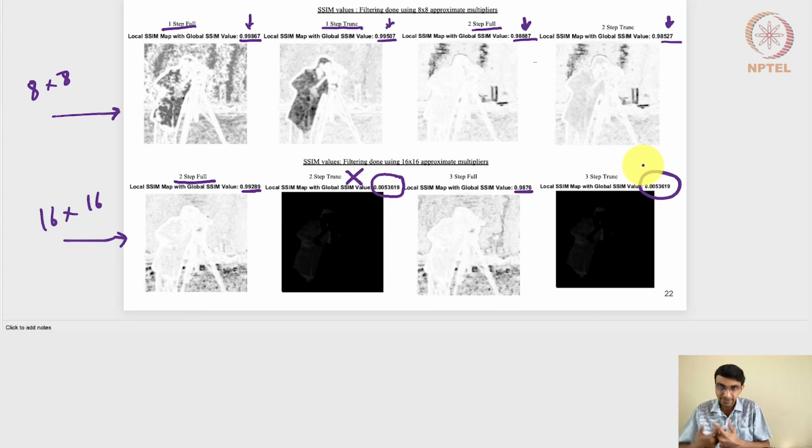Its impact in terms of SSIM is almost close to 100%, giving us results of 99 and 98%. But overall, the area, the footprint of the multipliers on the chip, the power consumption of the 8-bit or 16-bit approximate multipliers, as well as the delay, the critical path, reduce significantly. So all this could be leveraged without causing much SSIM degradation in the final application.